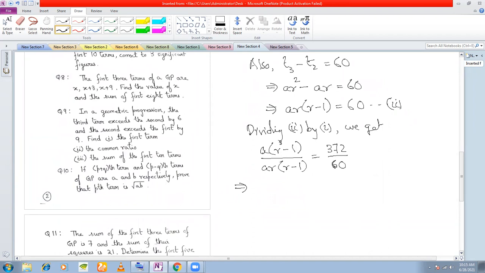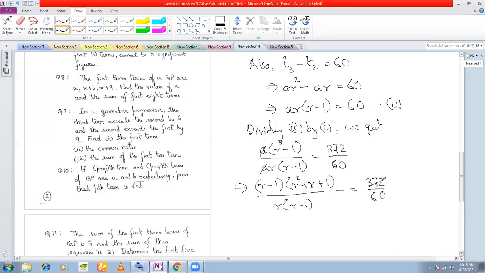So that means here A and A will cancel. In the numerator you have R cube minus 1, so you can use the formula for a cube minus b cube. R minus 1 into R square plus R plus 1 divided by R into R minus 1 is equal to 372 by 60, right?